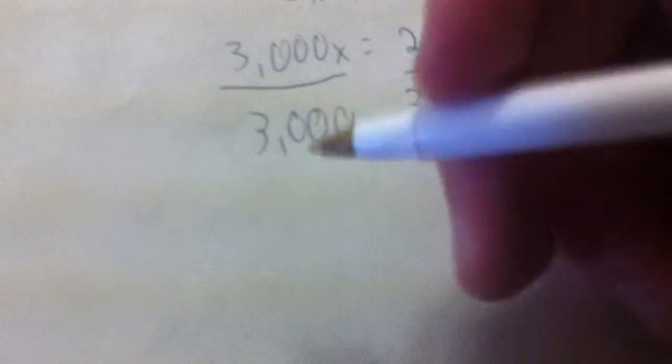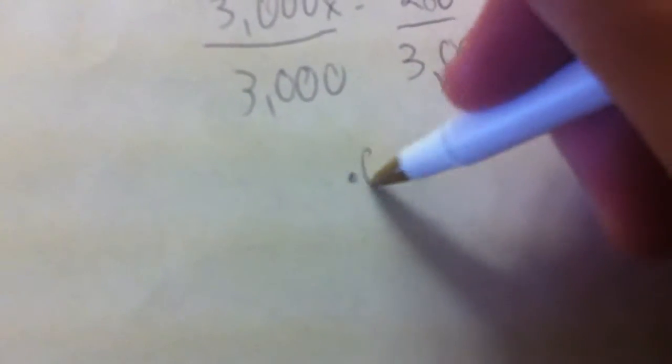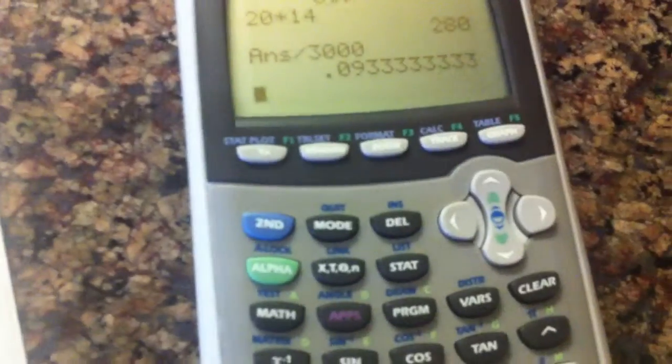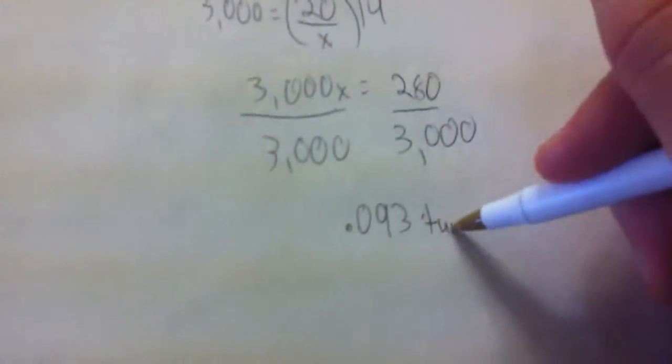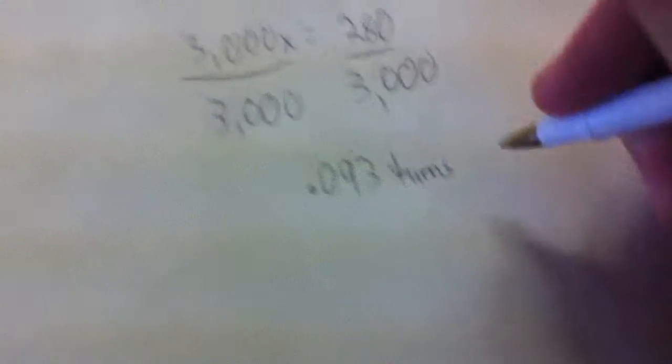And we get a pretty ugly number here, 0.09 and then 3 repeating. So we're just going to call that 0.093. And that is the number of turns in the secondary.